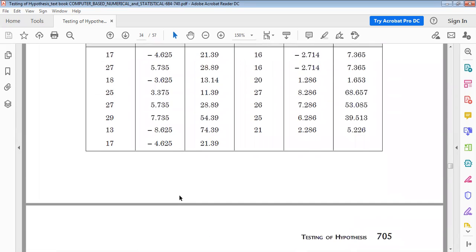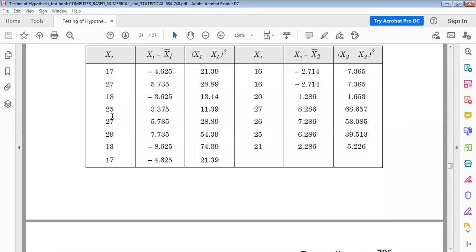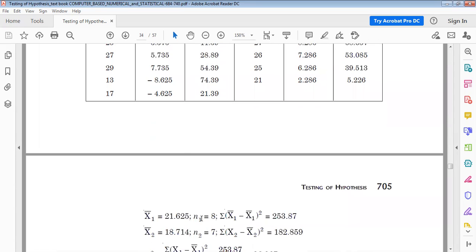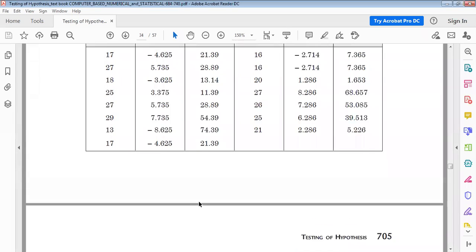Taking the sum and dividing by 8, because the number of observations in the first sample is N1, X1 bar will be 21.625.